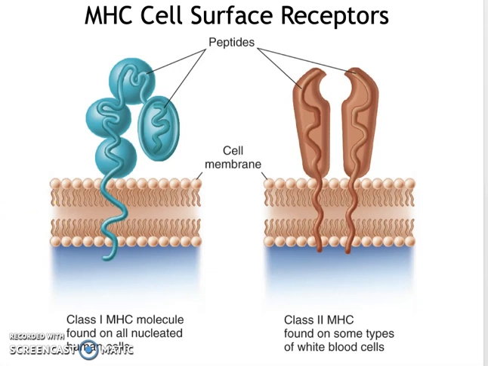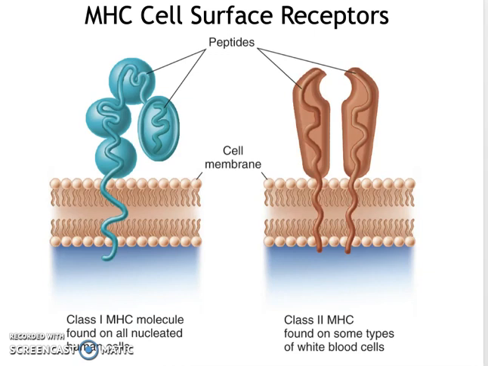Most of the protein is found on the outside of the cell. This MHC class I cell surface protein helps our immune system identify which cells belong to our body and which ones do not.